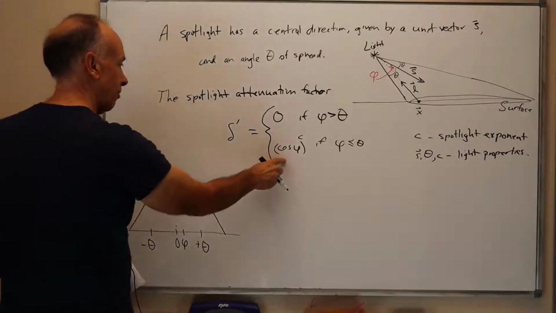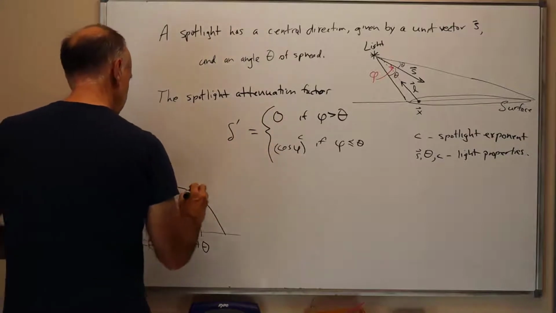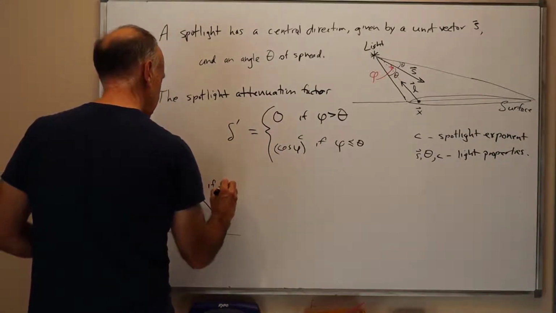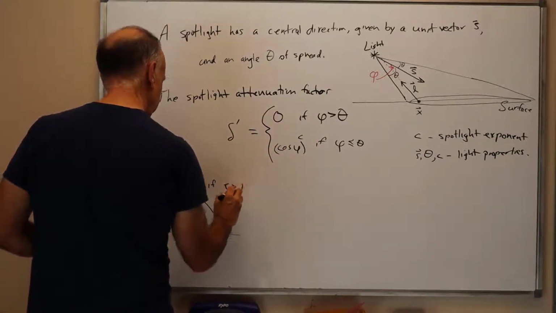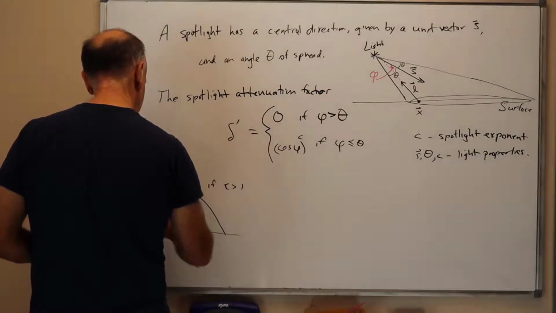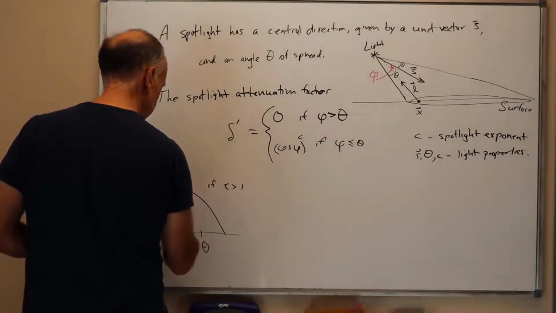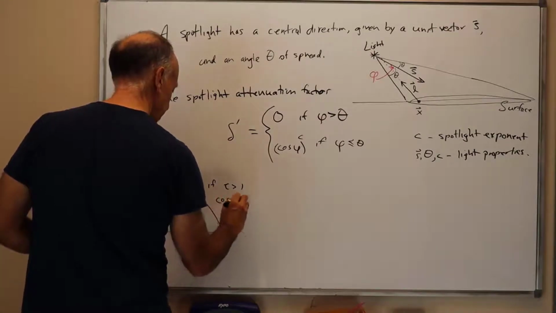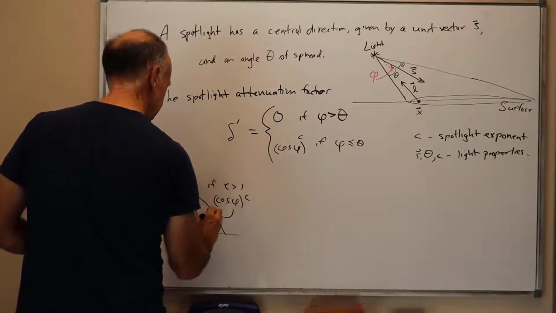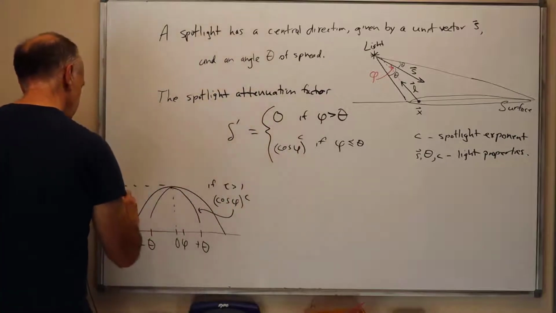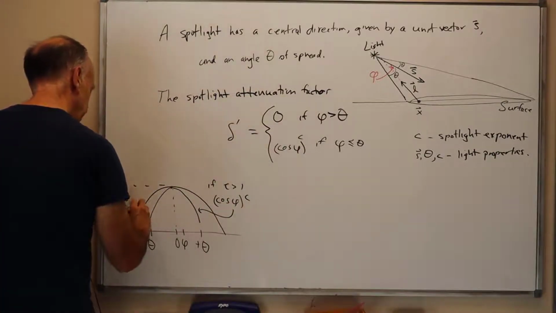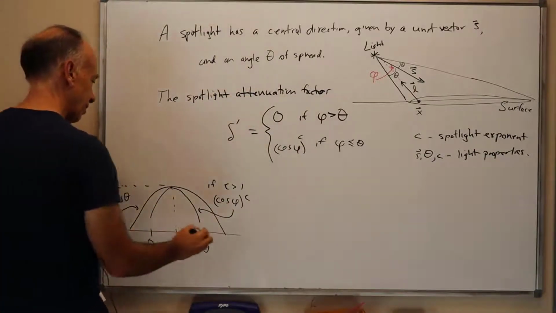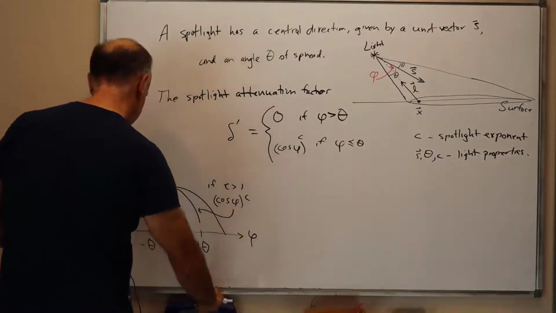And what does the graph of cosine of phi to the C look like? Well, if C is greater than 1, it'll look something like this. Cosine of phi to the C is this thing here, and this is cosine of theta. Think of this as the phi axis, so this is cosine of phi.